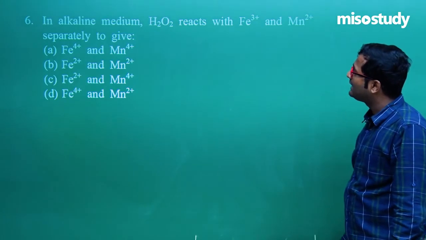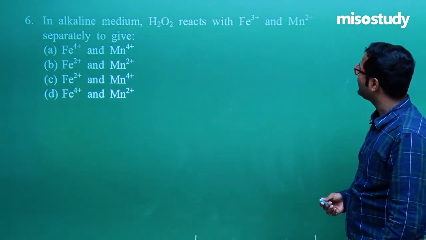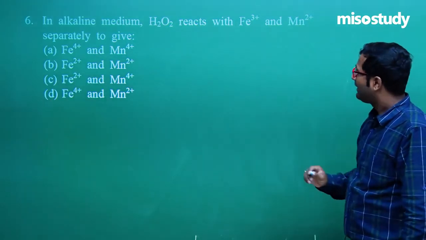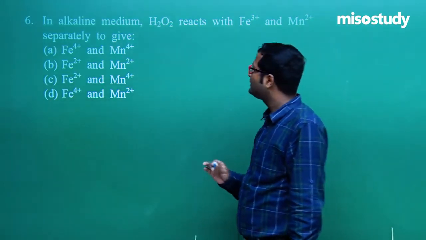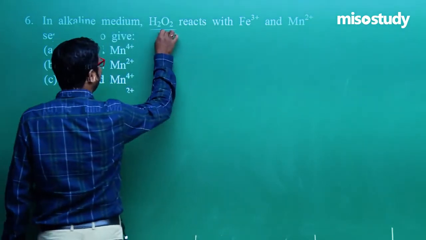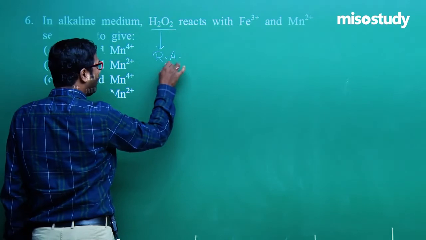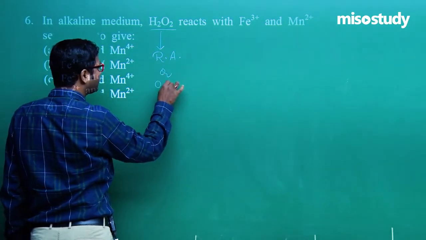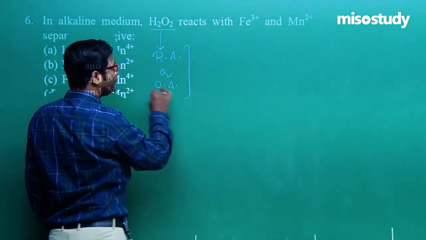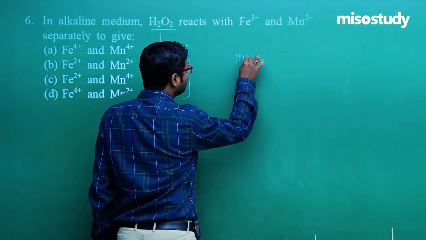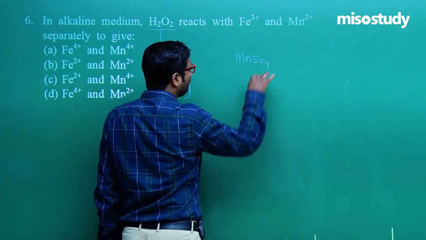Now, in alkaline medium, H2O2 reacts with Fe3 plus and Mn2 plus to give what? This is a good question. As we know, H2O2 can act as a reducing agent or as an oxidizing agent. Clear to you? Now, as we know, the general form is MnSO4.